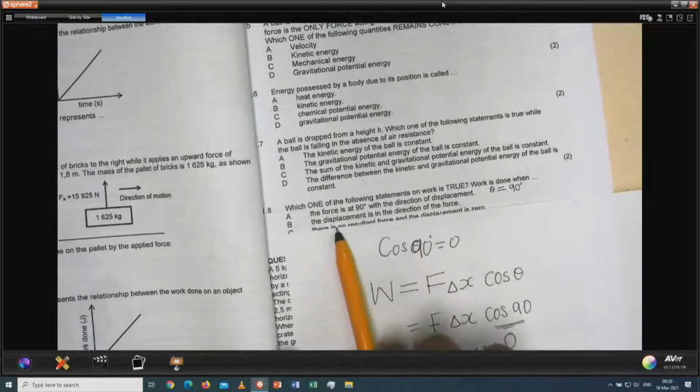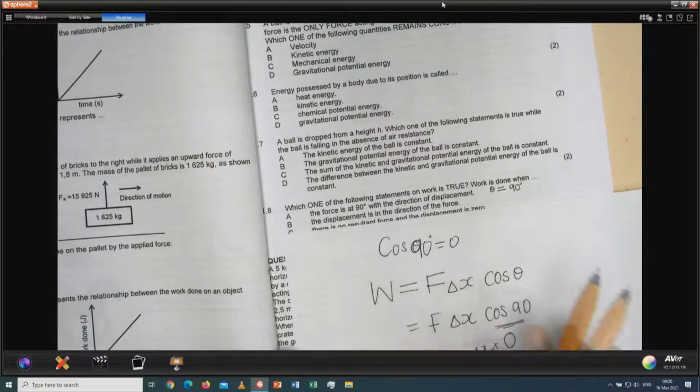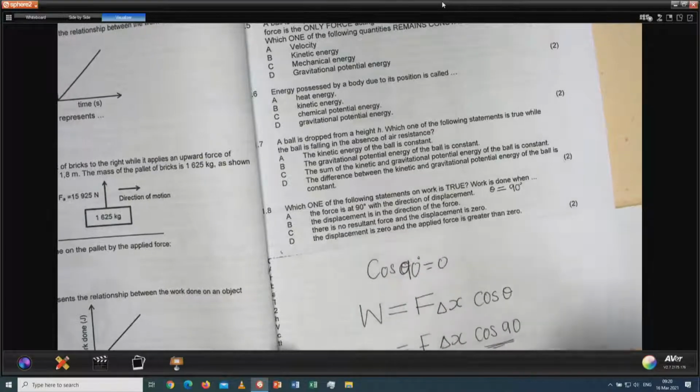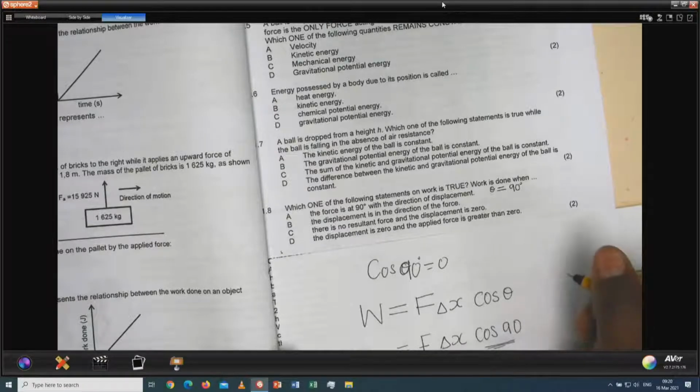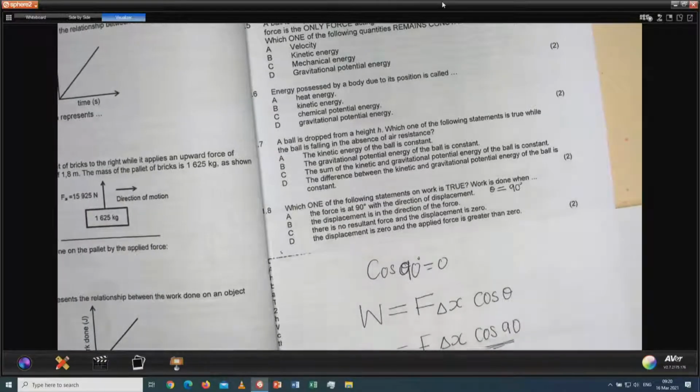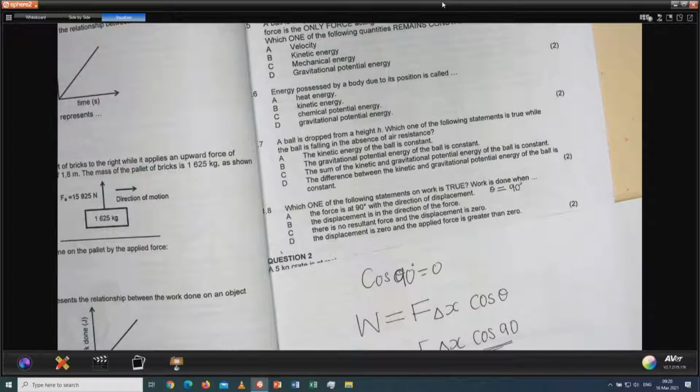The displacement is in the direction of the force. If you apply a force on an object, let's go back to our definition. I'm just going to have to take my second booklet on the definitions page.